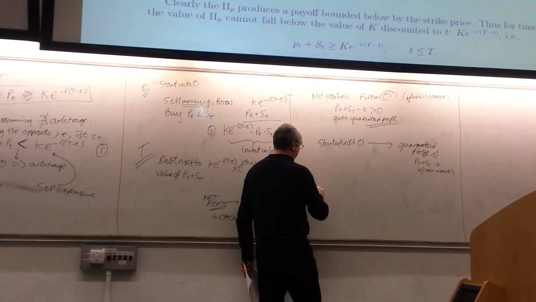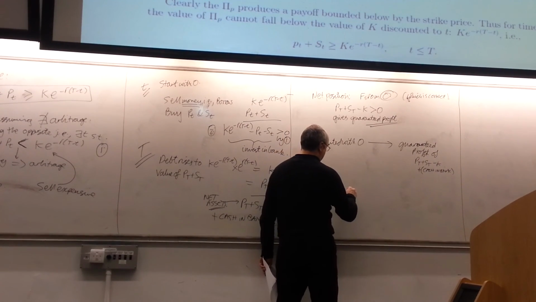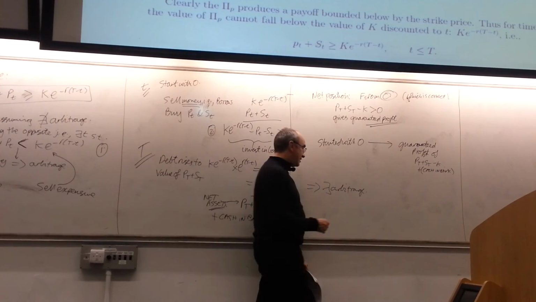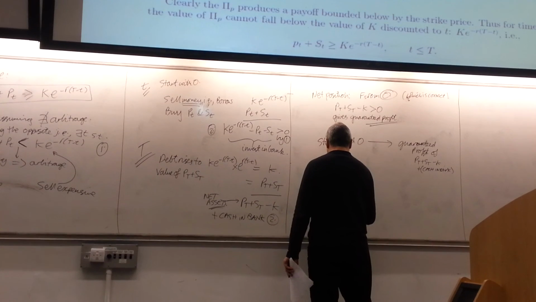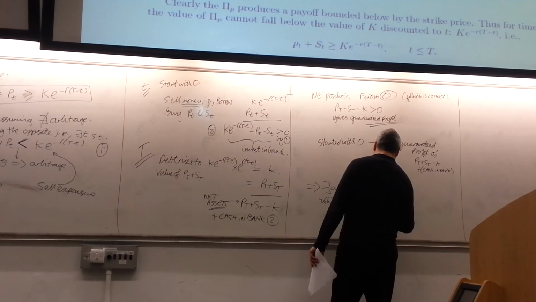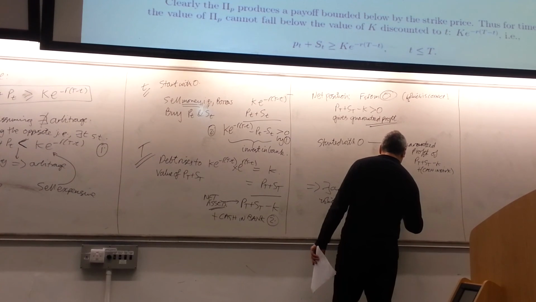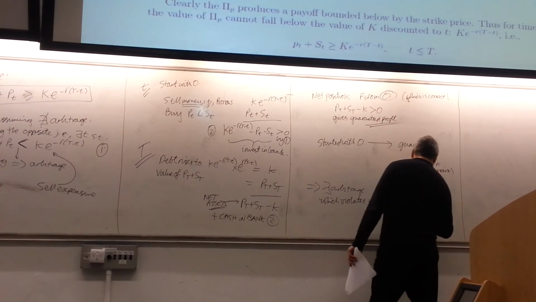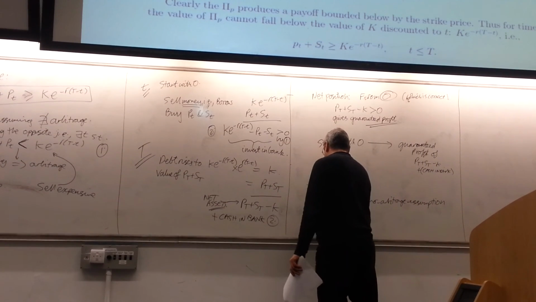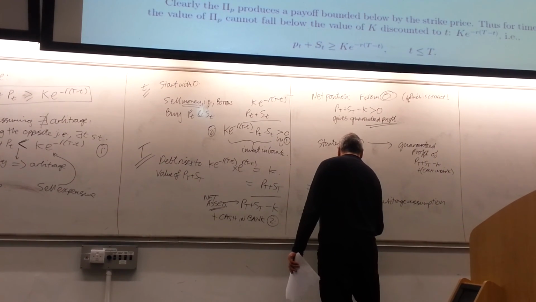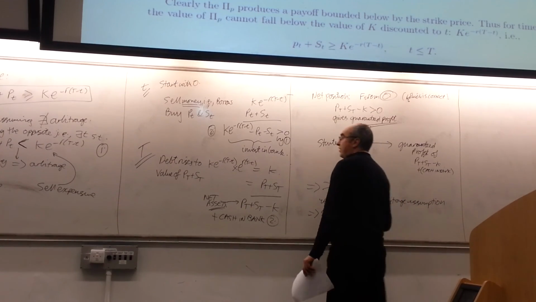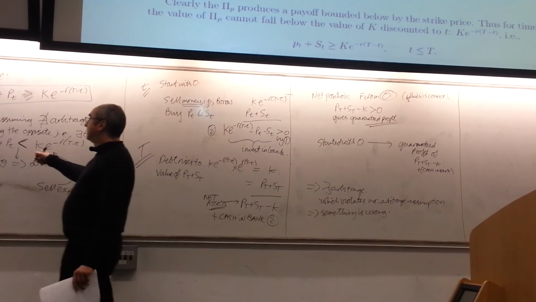So that implies that there exists an arbitrage, which violates the assumption. So it implies something's wrong, and the only thing that can be wrong here is 1.